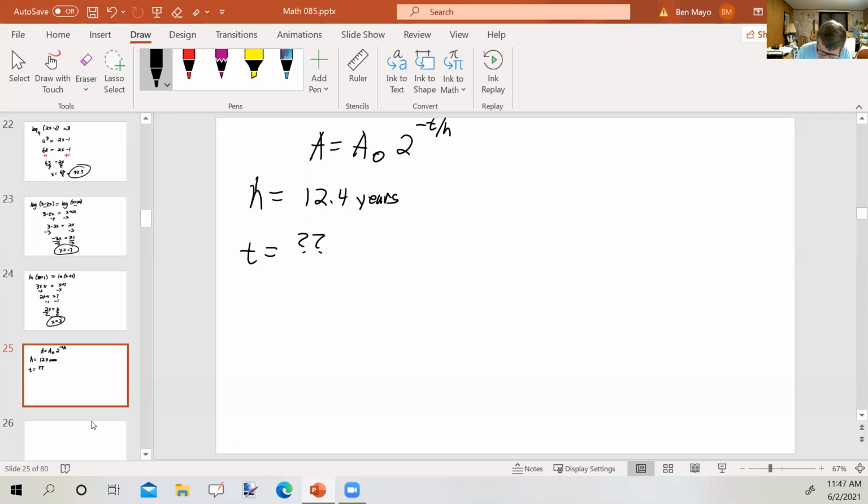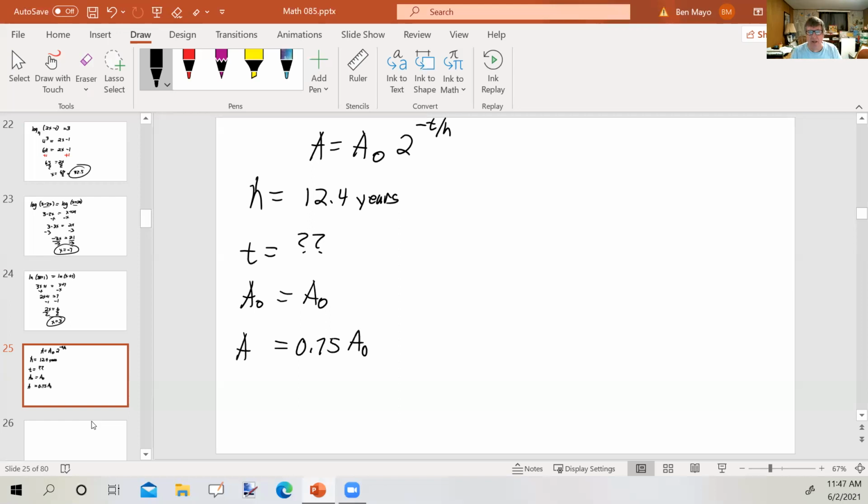They don't tell us the starting amount. So the starting amount is just a sub 0. They don't tell us the ending amount, but they do say this. How long will it take for 25% to decompose? So at the end, we've lost 25% of a sub 0. So at the end, we still have 75% of a sub 0.